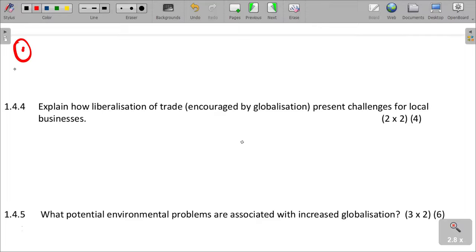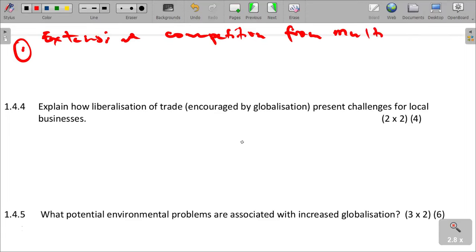There is extensive competition from international or multinational businesses or companies.